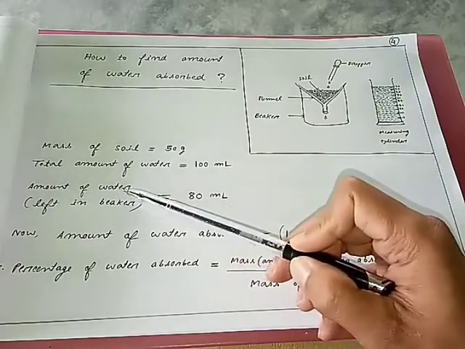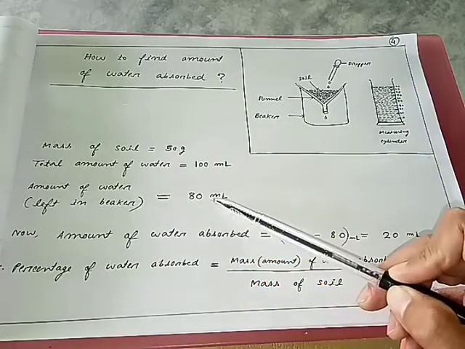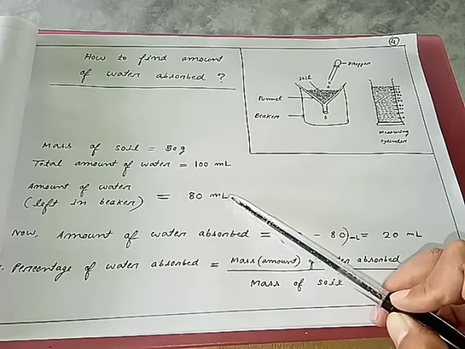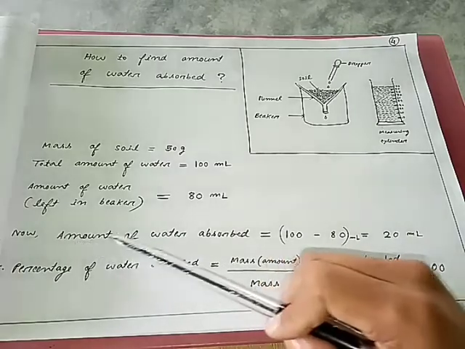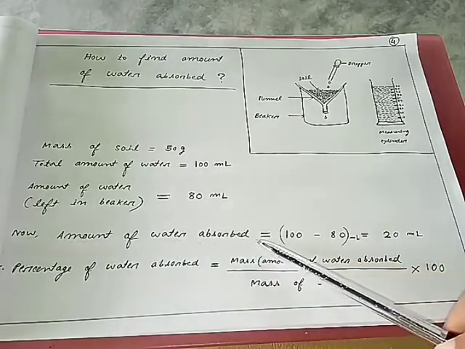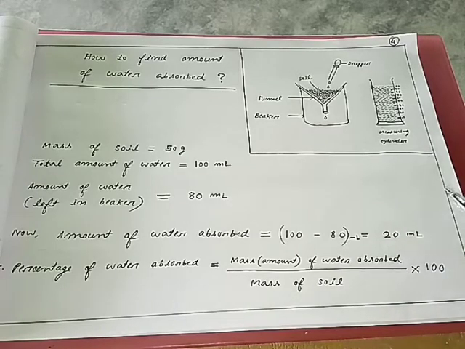So the amount of water which is collected in the beaker is 80 ml. Then how much water is absorbed by the soil? The amount of water absorbed by the soil will be 100 minus 80, it will be 20 ml.